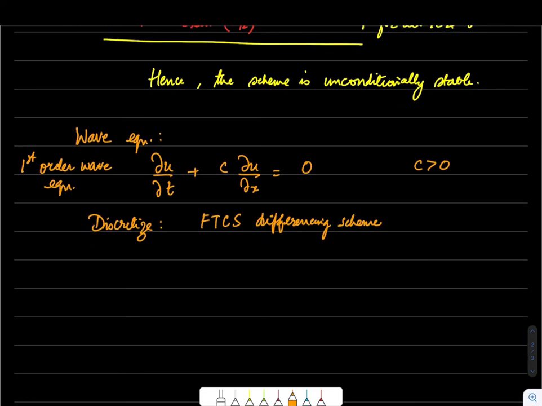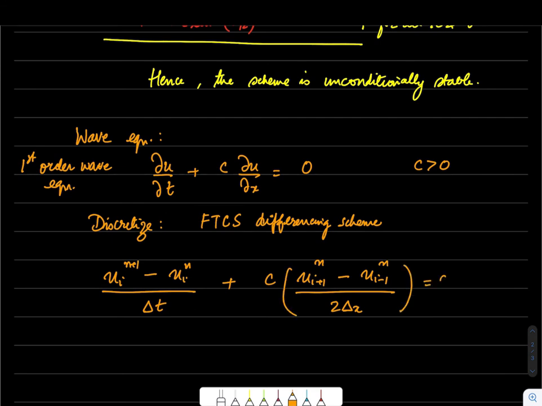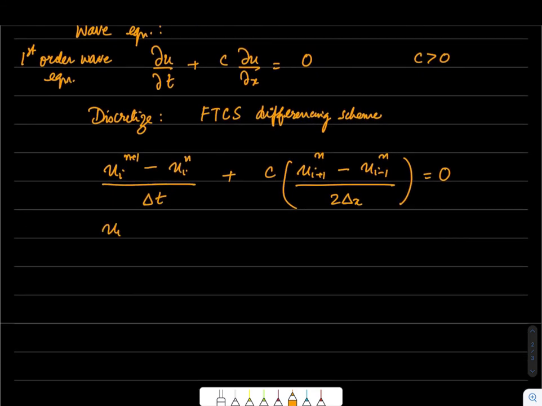What it means is I can write ui n plus 1 minus ui n by delta t, that would become the time derivative, plus c, and as I said, this is central differencing in space, so we'll use c into ui plus 1, and let's say we are doing an explicit differencing, so we write it at n minus ui minus 1 at n by 2 delta x to be equal to 0, which now means ui n plus 1 would be ui n minus c delta t by 2 delta x ui plus 1 n minus ui minus 1 n.